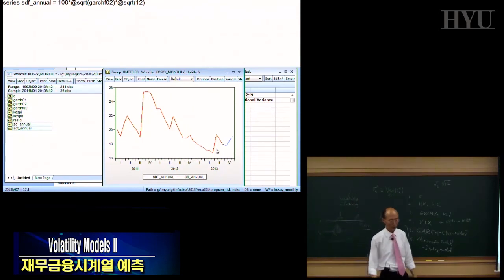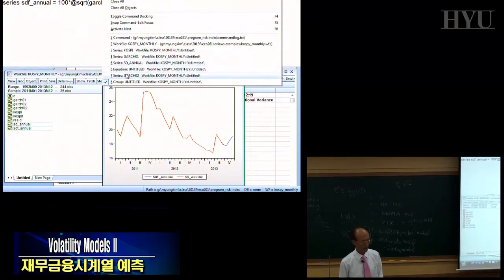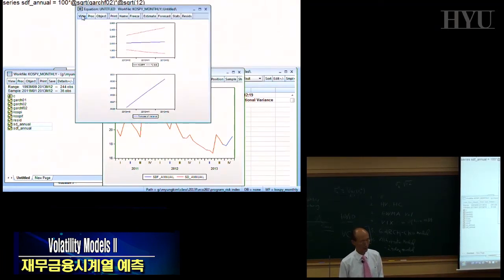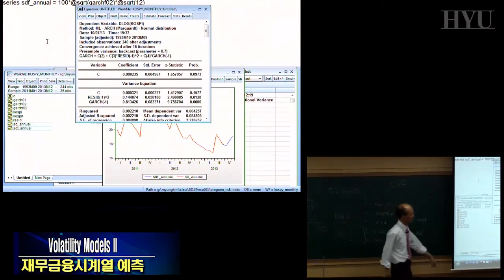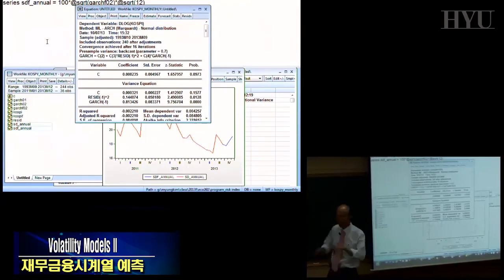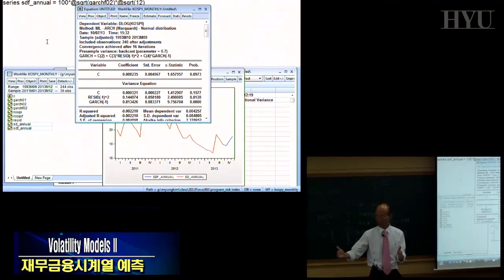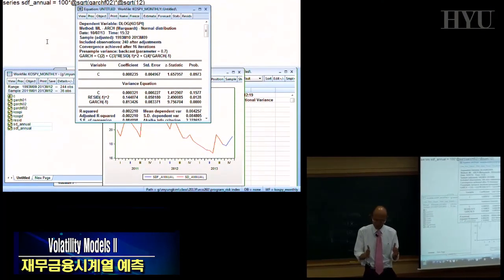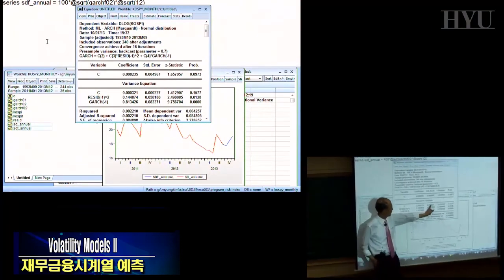So as long as you have a model with significant fit, you can generate your forecast. But suppose you shrink your sample from this whole sample to a smaller one, and suppose you don't get those significant numbers.